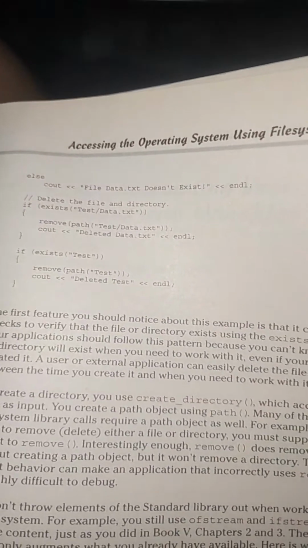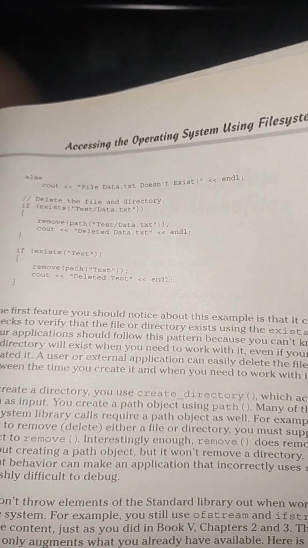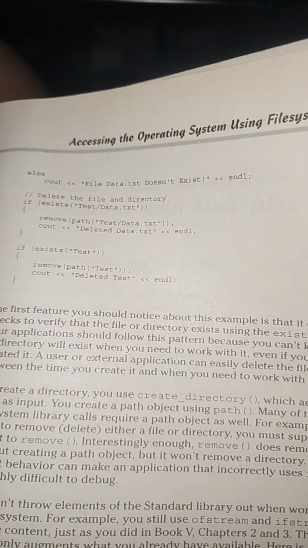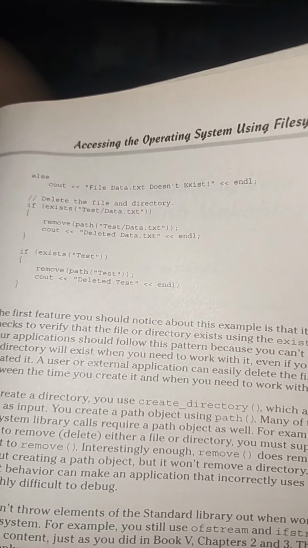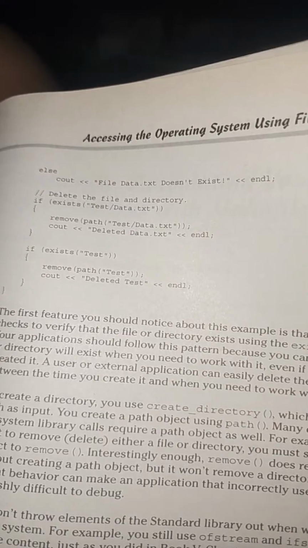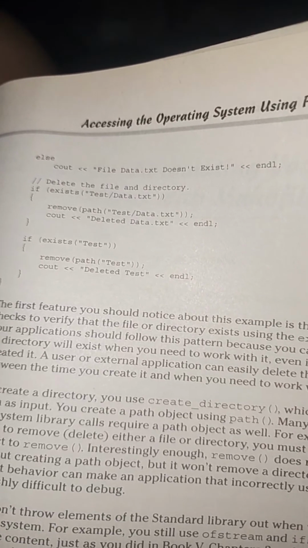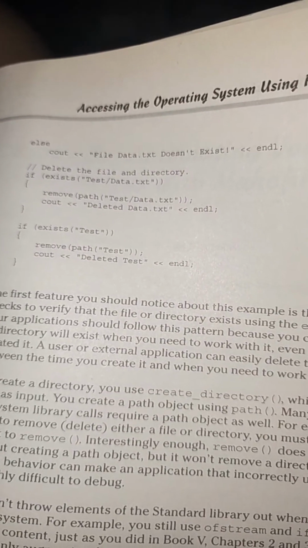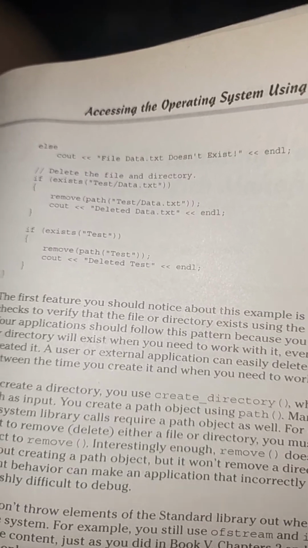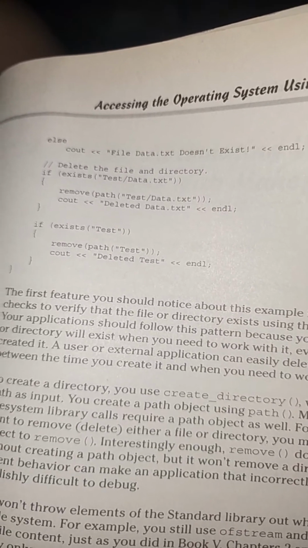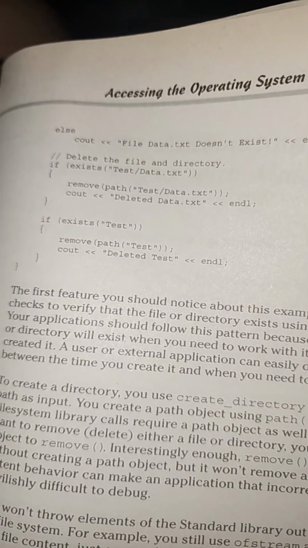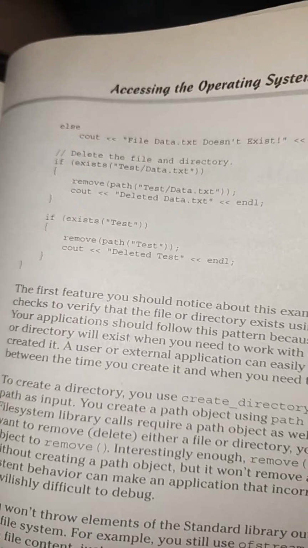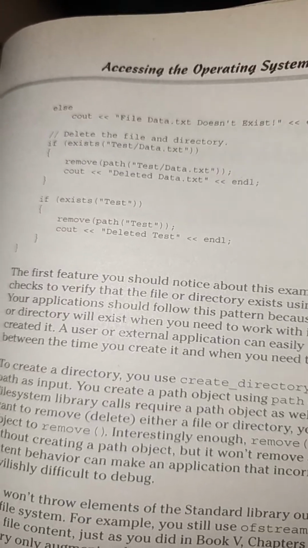Else cout << "File data.txt doesn't exist." << endl. Delete the file and directory. If exists(test/data.txt), remove(path(test/data.txt)), cout << "Deleted data.txt" << endl. If exists(test), remove(path(test)), cout << "Deleted test" << endl.